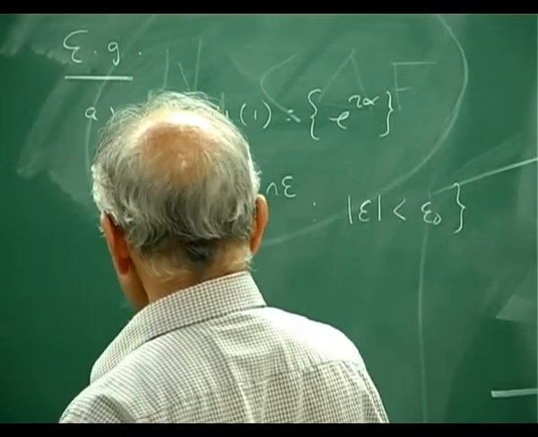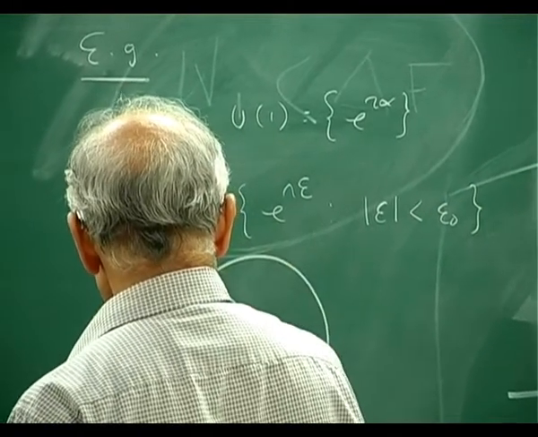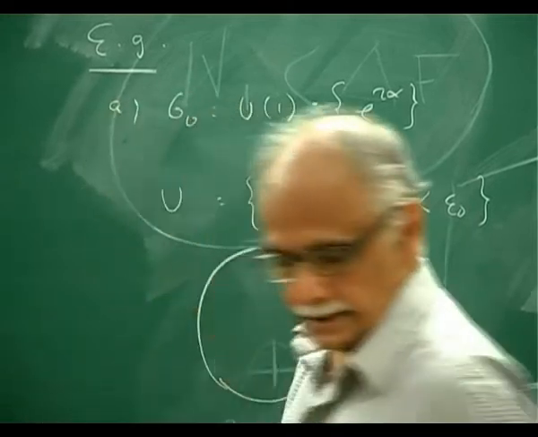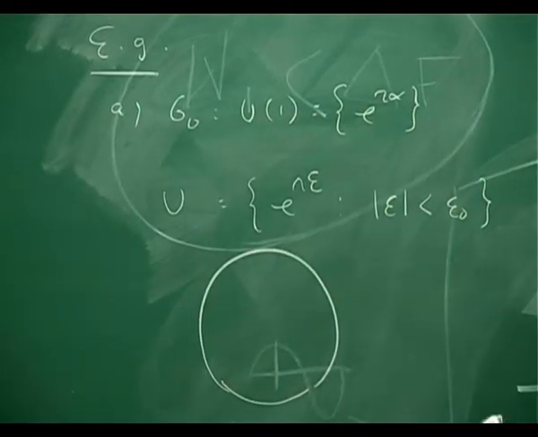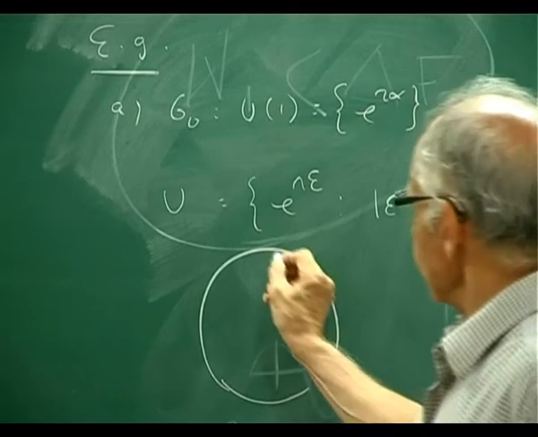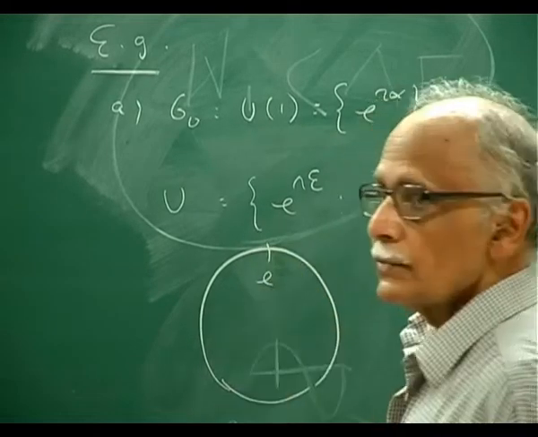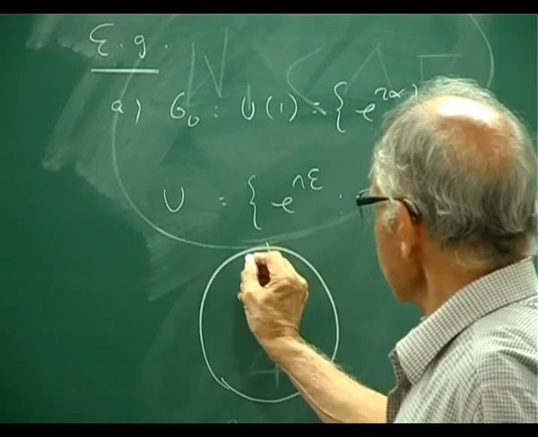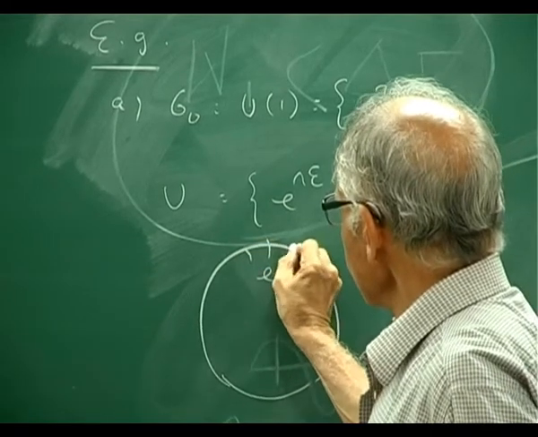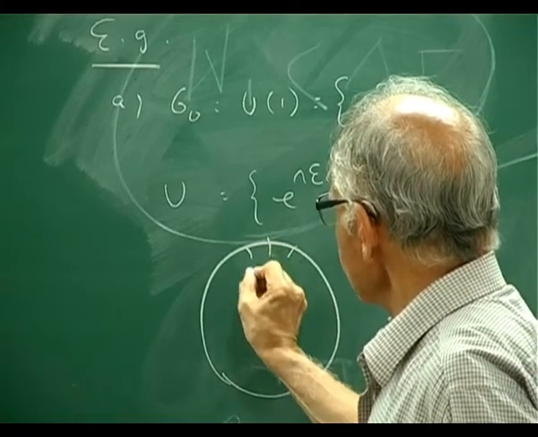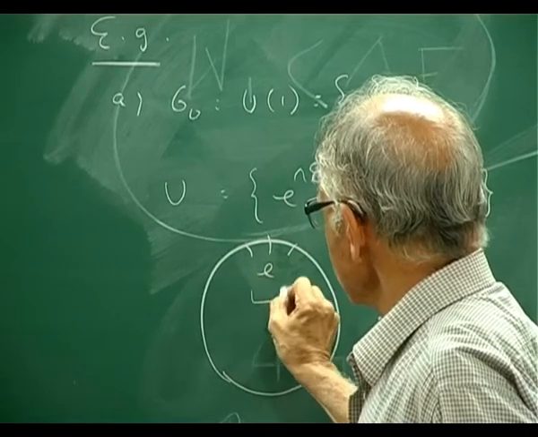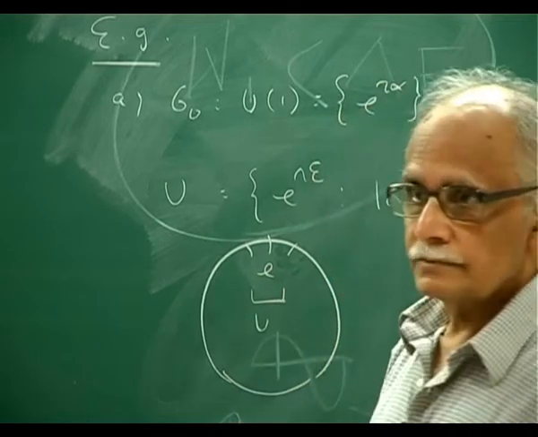So these are the group. Here U1 is a circle as a manifold, and this is the identity. And what I am doing here is taking for U this thing.